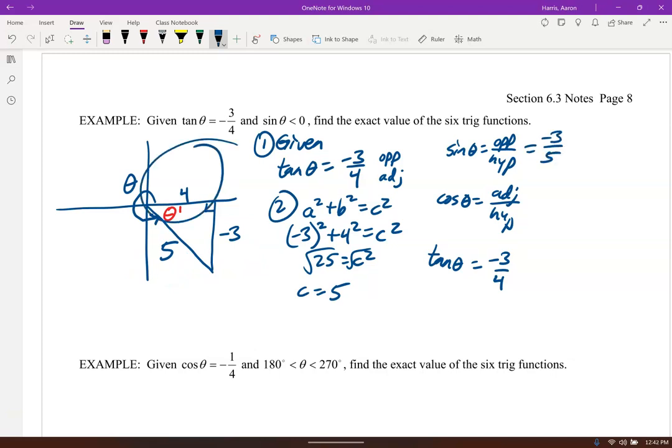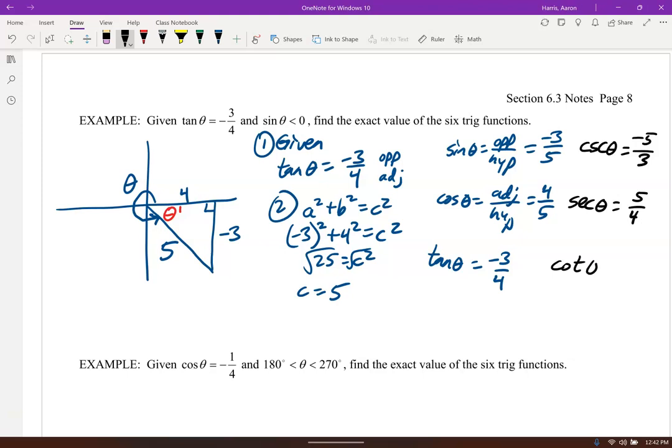Cosine, adjacent over hypotenuse, again using my reference angle theta prime, is 4/5. We already have tangent. Now let's find the reciprocals. The reciprocal of sine, cosecant: negative 3 over 5, flip it over, negative 5 over 3. Reciprocal of the cosine, secant: instead of 4/5, I got 5/4. Flip over the tangent, and instead of negative 3/4, I got negative 4/3. And here's all 6.